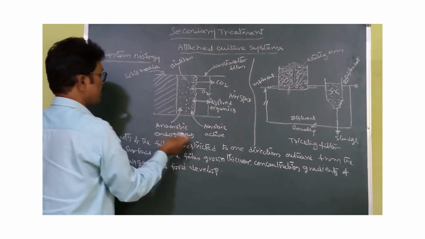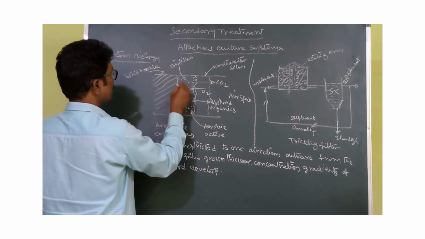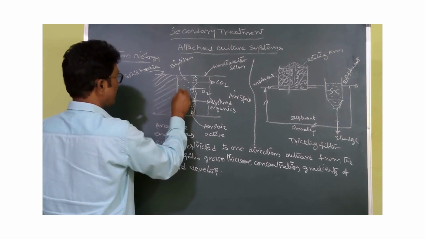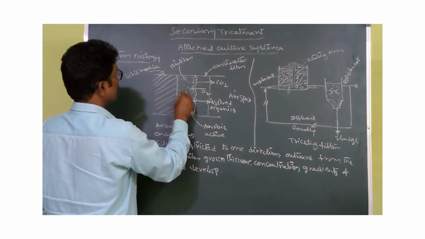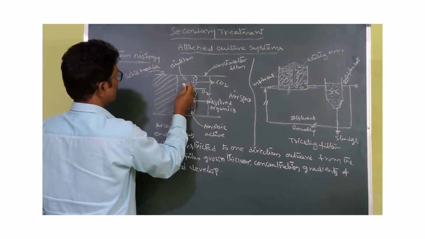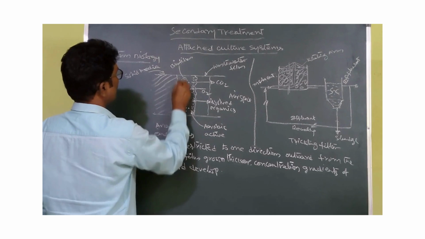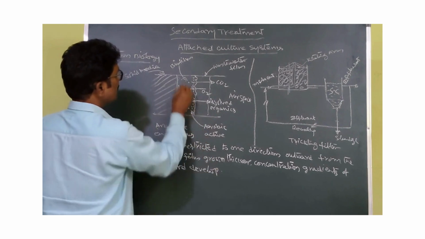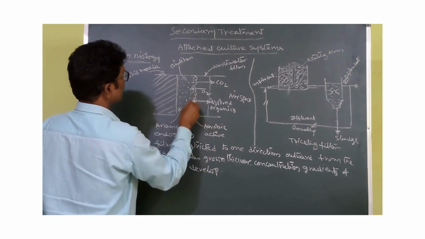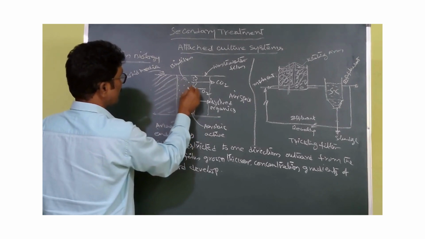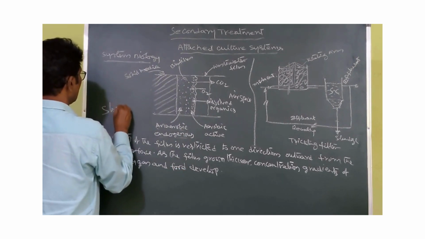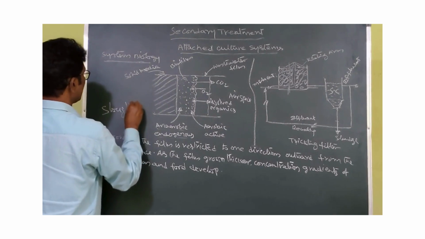So that is called the anaerobic endogenous phase, which means they use the energy from their own body. Once that energy is over, they lose attachment to the surface, and the film falls down into the reactor. That falling down of the biofilm is called sloughing.